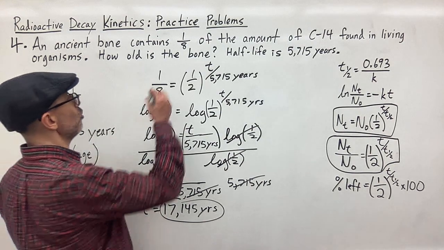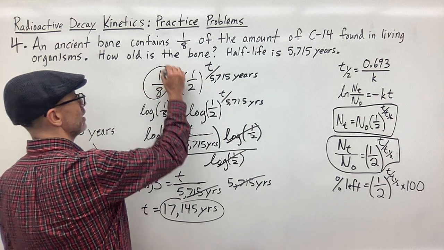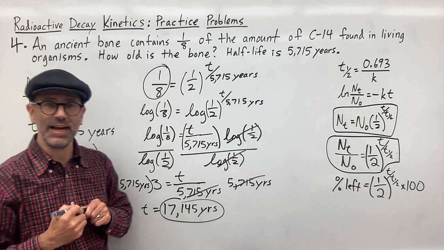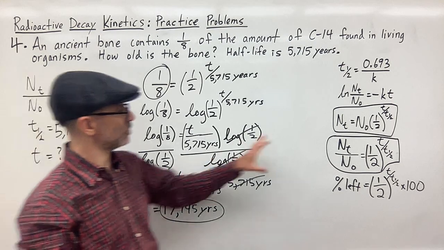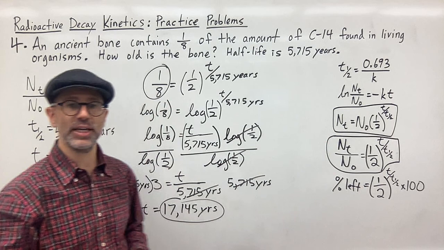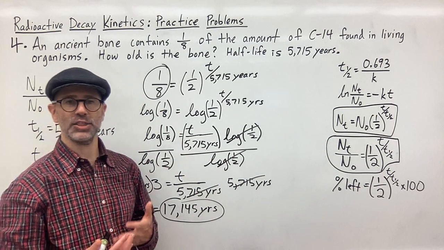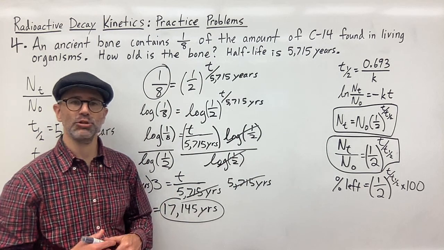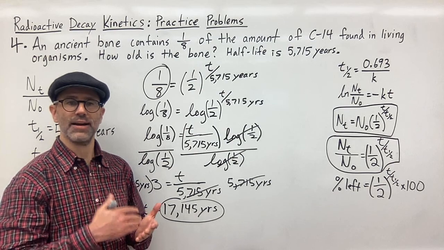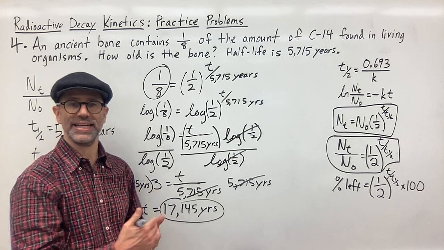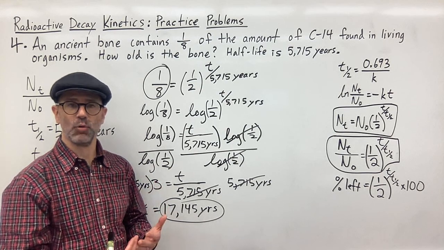We were told that we have 1/8 of the sample that's left. We don't have to actually use this equation. We can just use our knowledge of half-lives to figure out how many half-lives the bone has gone through to get to a fraction of 1/8.